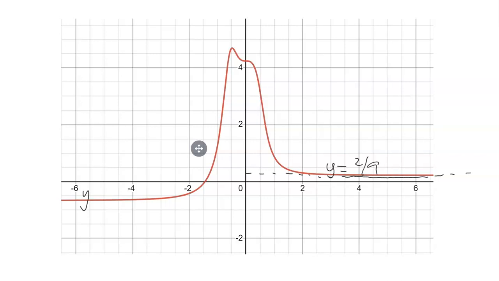And then this horizontal asymptote right here is y equals negative 2/3. That's what we have found. Two different horizontal asymptotes, because that's how the end behaviors of the function look, to the left and to the right.